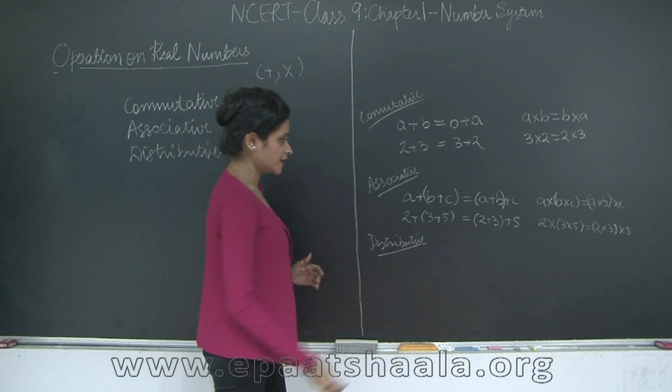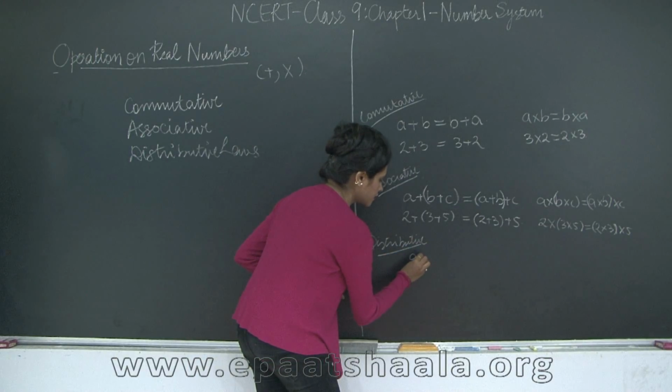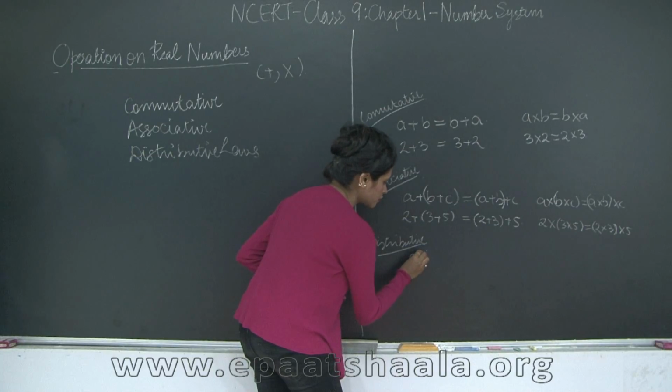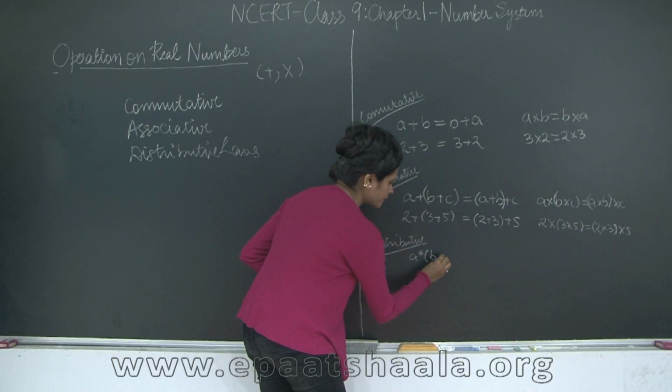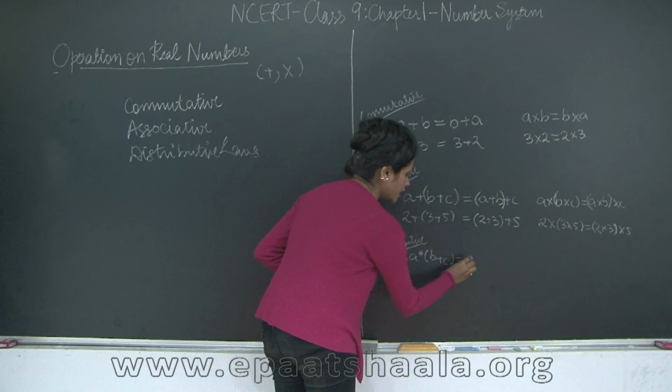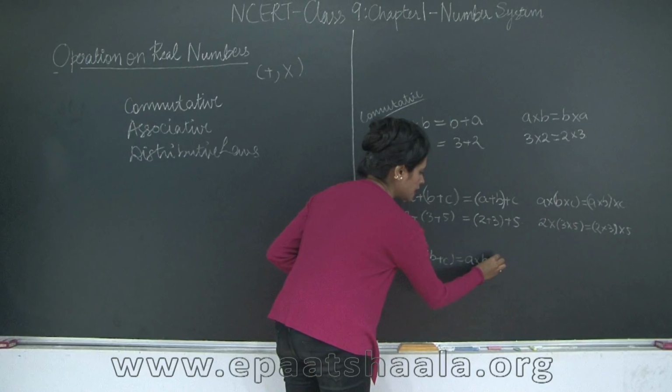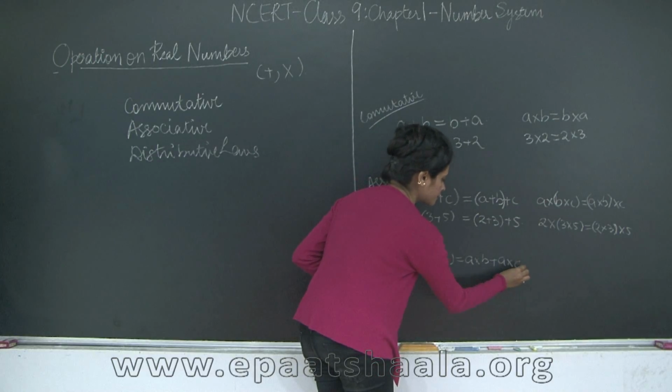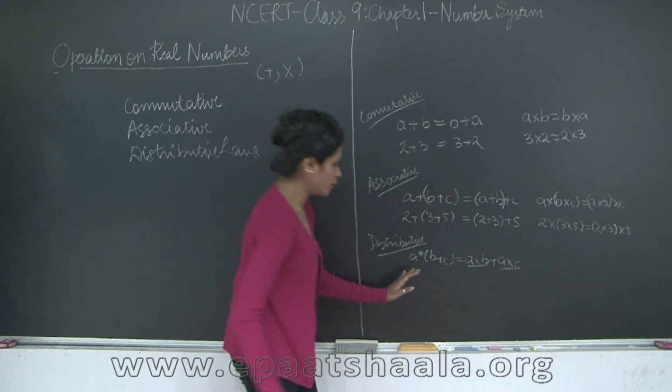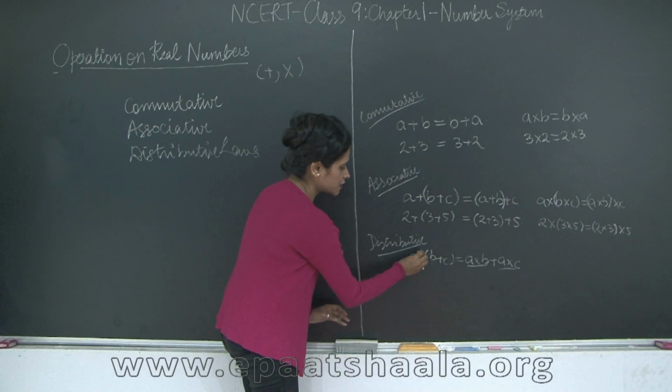So, distributive law suggests a into b plus c is equal to a into b plus a into c. Where you are multiplying, this is nothing but a multiplication sign.